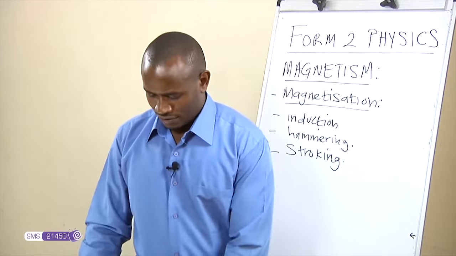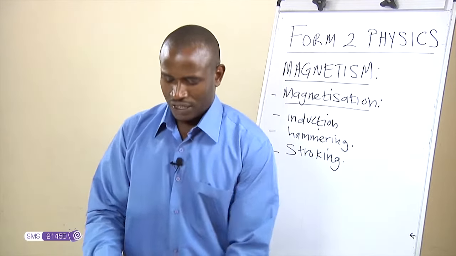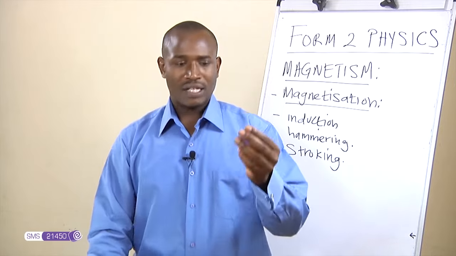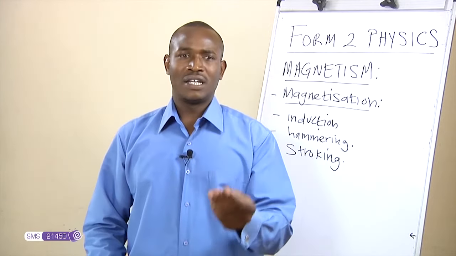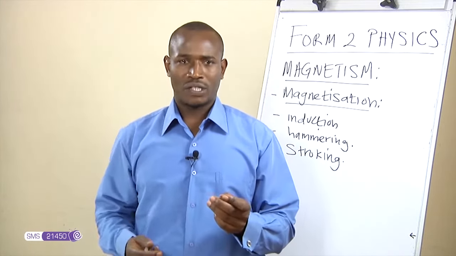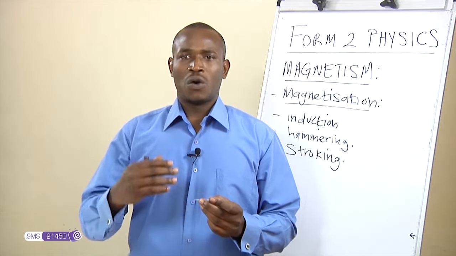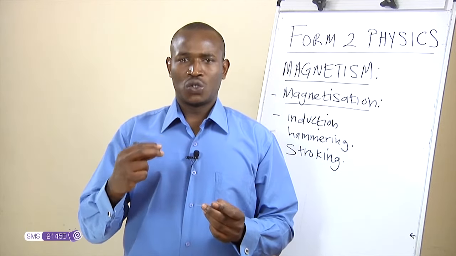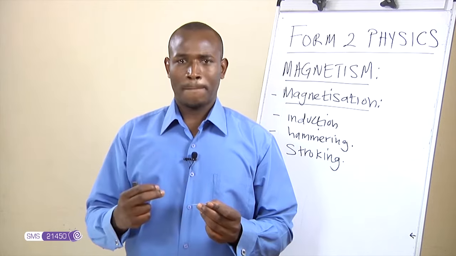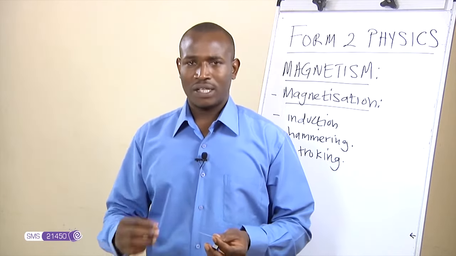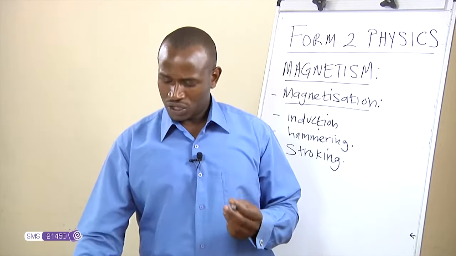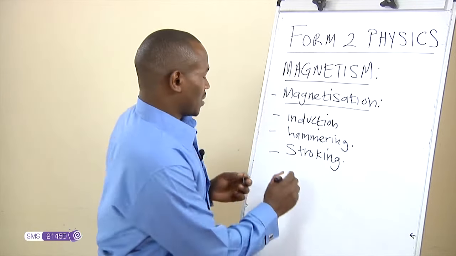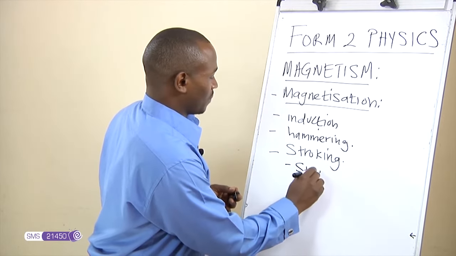Suppose I have a soft iron pin, or a steel pin, which is to be magnetized by using the stroking method. As you're going to see, we have basically two types of stroking. Starting with the first one, the one we call the single stroking method.